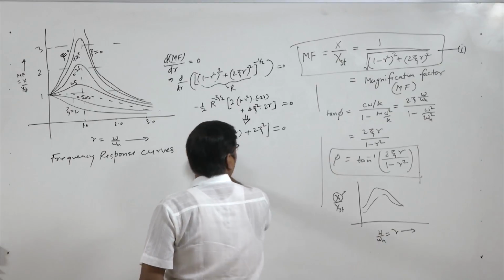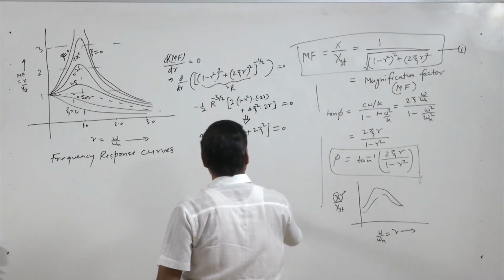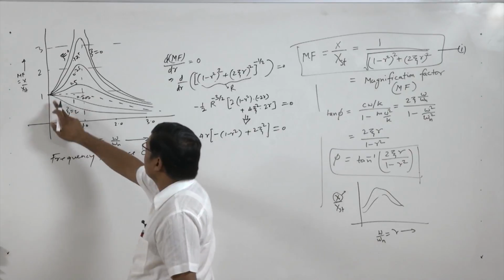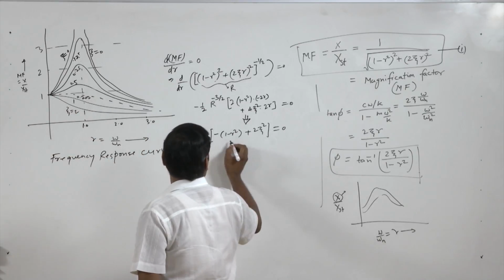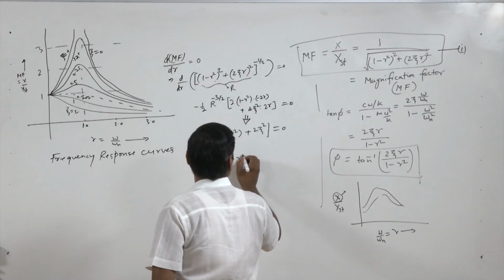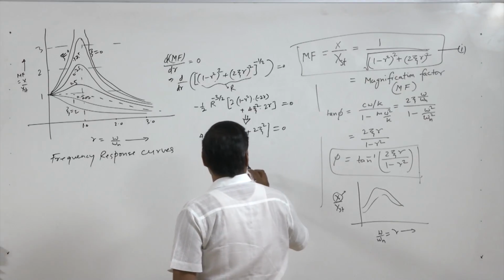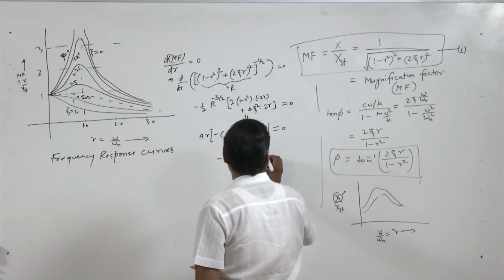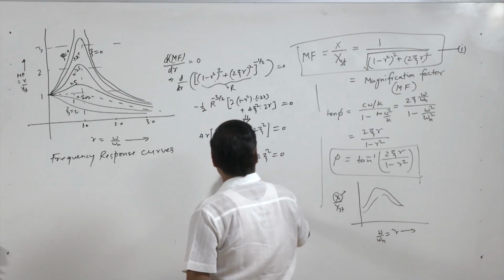So here r equal to 0 is one solution, or we make this unity term equal to 0. So minus 1 plus r square plus 2 zeta square equal to 0.